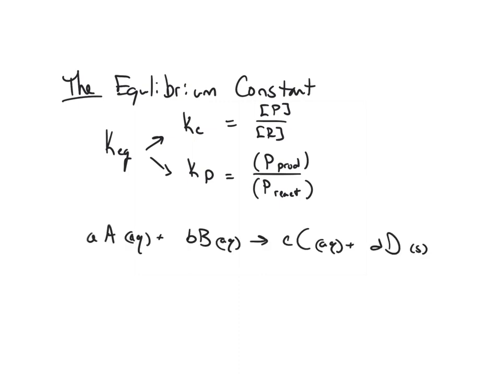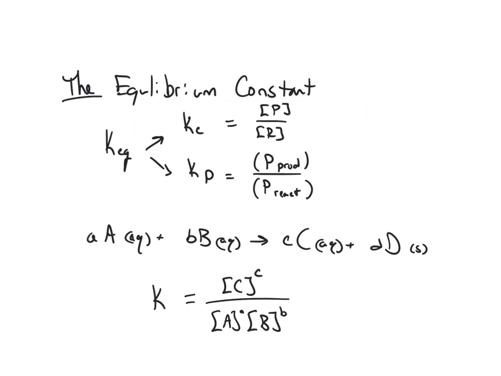I'm going to write out the equilibrium expression for this very generic reaction, where I've got a moles of A and b moles of B and c moles of C and d moles of D. I will express K as the concentration of C, since it's aqueous, to the c power over the concentration of A to the a power times the concentration of B to the b power.